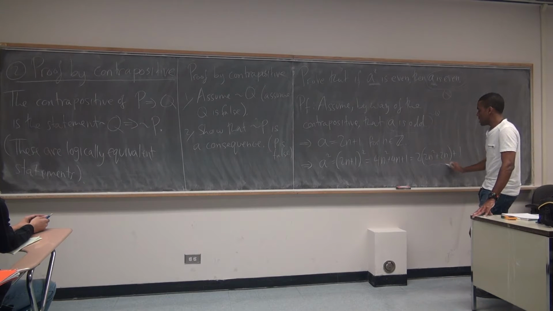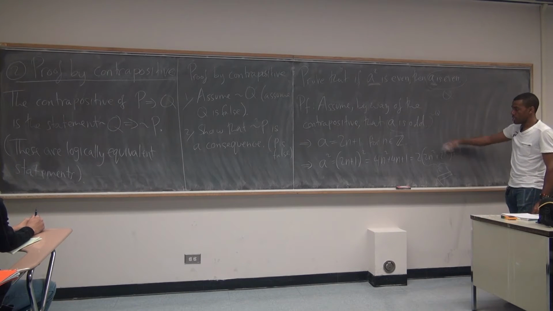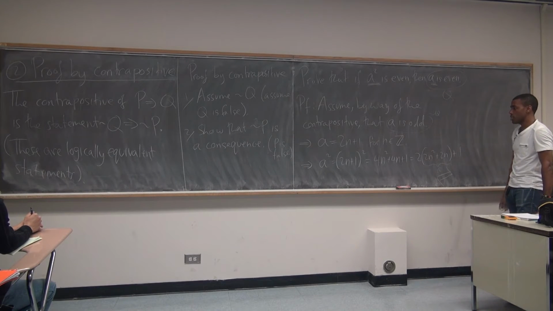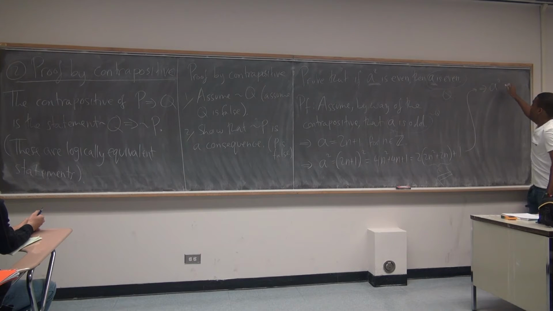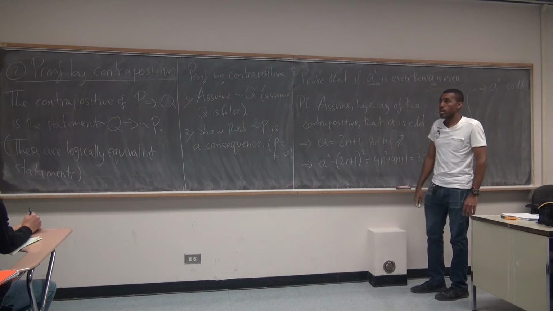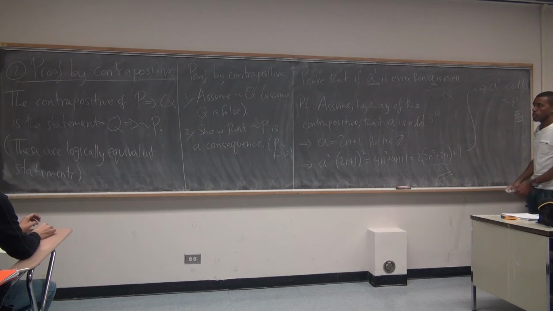Now this here is an integer, because I know the product of 2 integers is an integer, and if I add 2 integers, I get an integer, which means A squared is odd. But A squared is odd is actually the opposite of this statement, right? This is actually not P. And we're done, right?